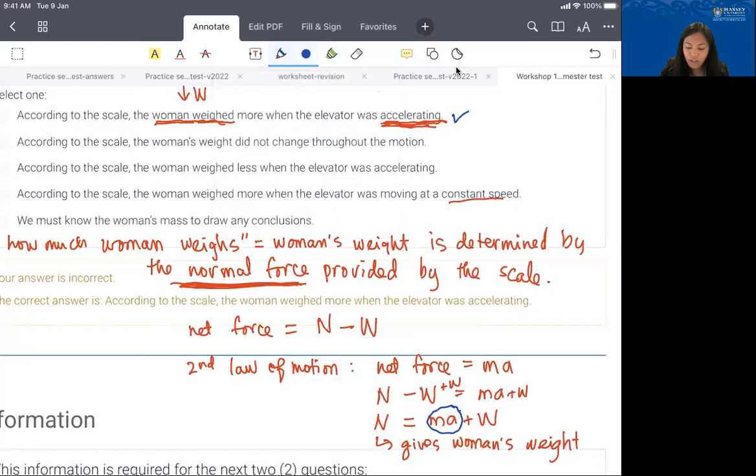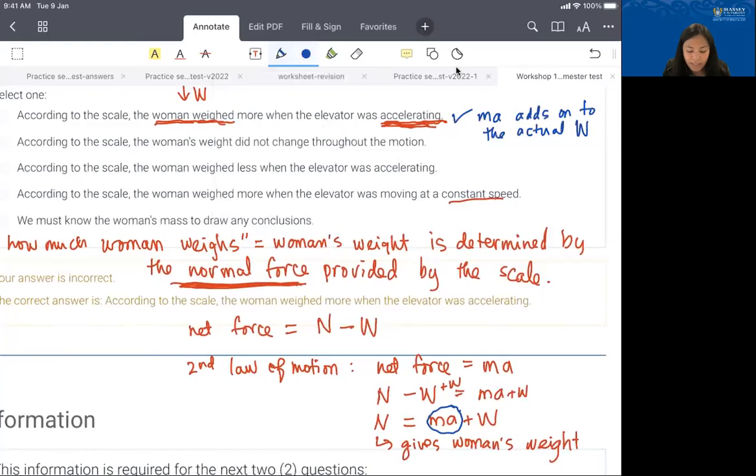So the first statement is actually correct, because mass times acceleration adds on to the actual weight W of the woman.